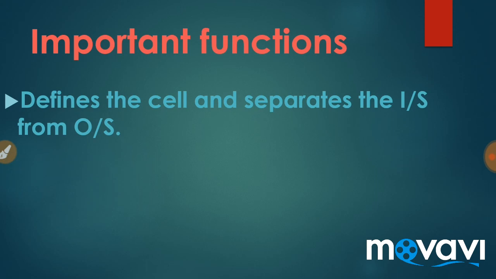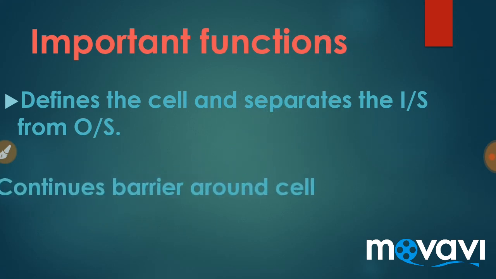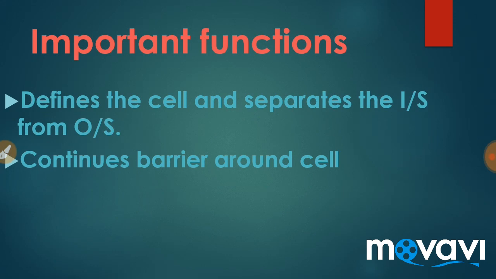What does defining the cell mean? In a simple manner, we can say it's informing the cell about its territory: you have been given this much space to work and carry out your functions, and you cannot simply mingle or mix up with the surroundings without need and without approval. In doing so, the plasma membrane separates the inside environment of the cell from the outside.